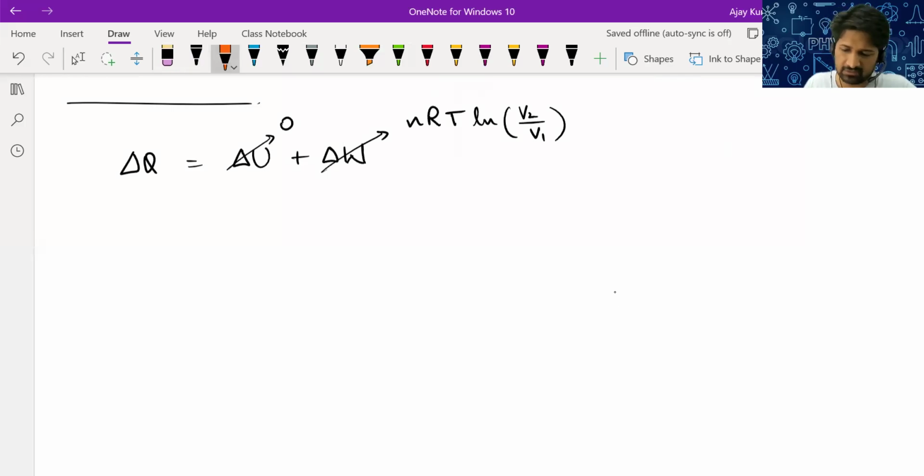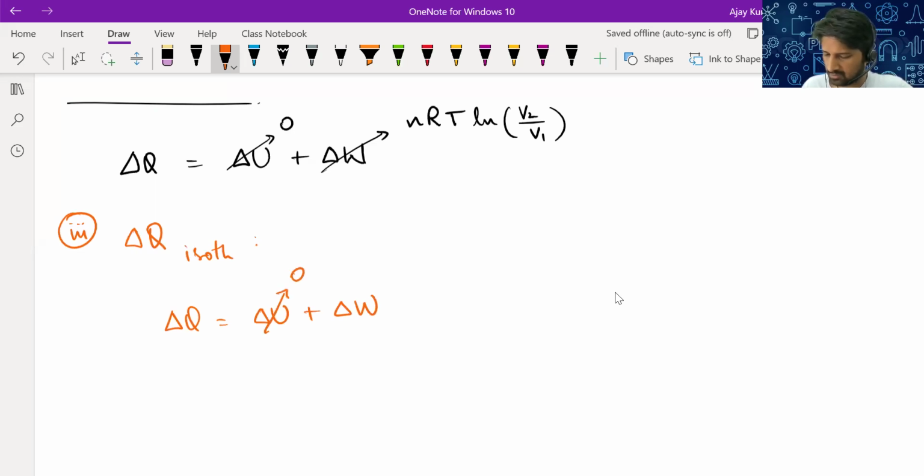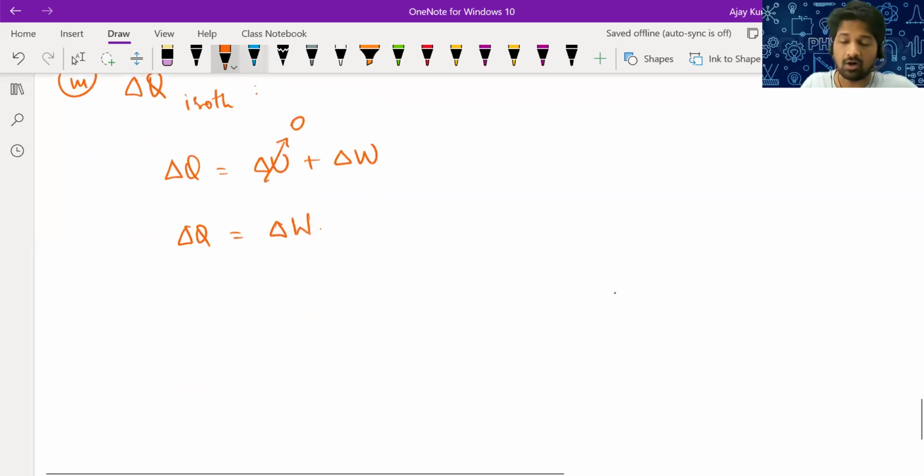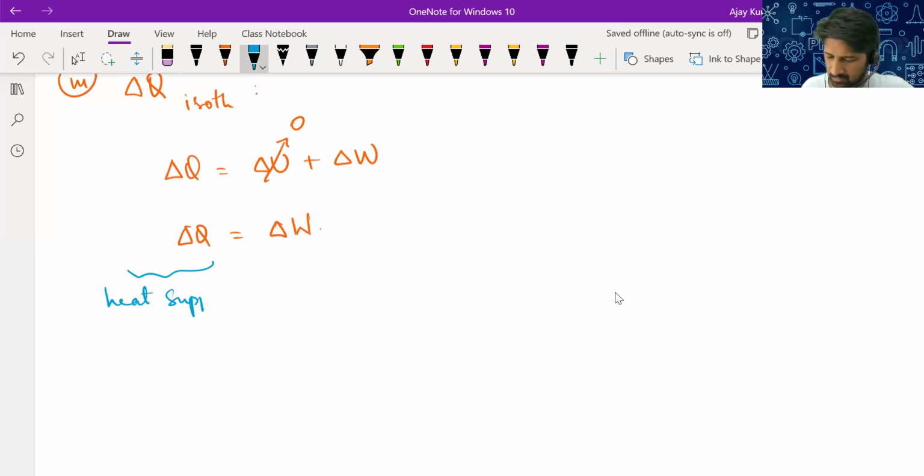So in an isothermal process, since delta Q is delta U plus delta W and delta U is 0, delta Q itself will be delta W. Therefore, in an isothermal process, all the heat supplied, delta Q stands for heat supplied, all the heat that you supply to the gas converts to work done by the gas. That is what essentially happens in an isothermal process.